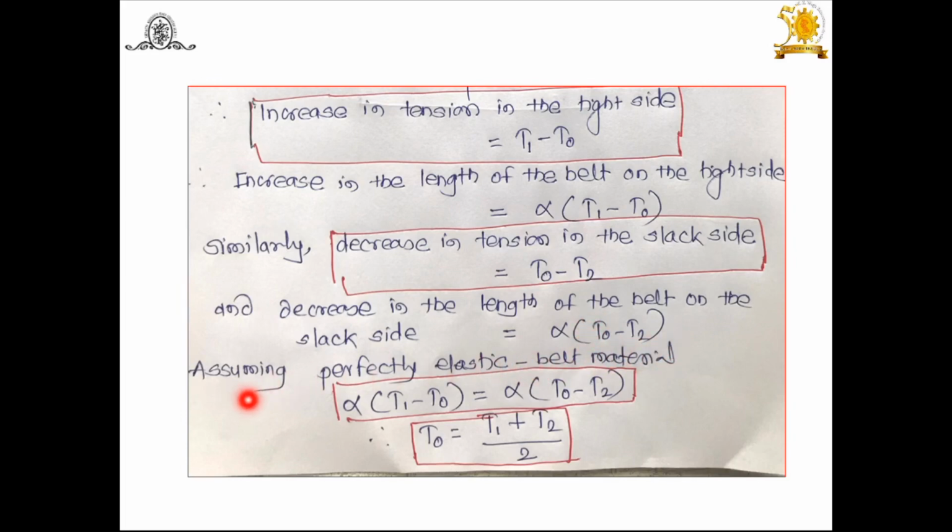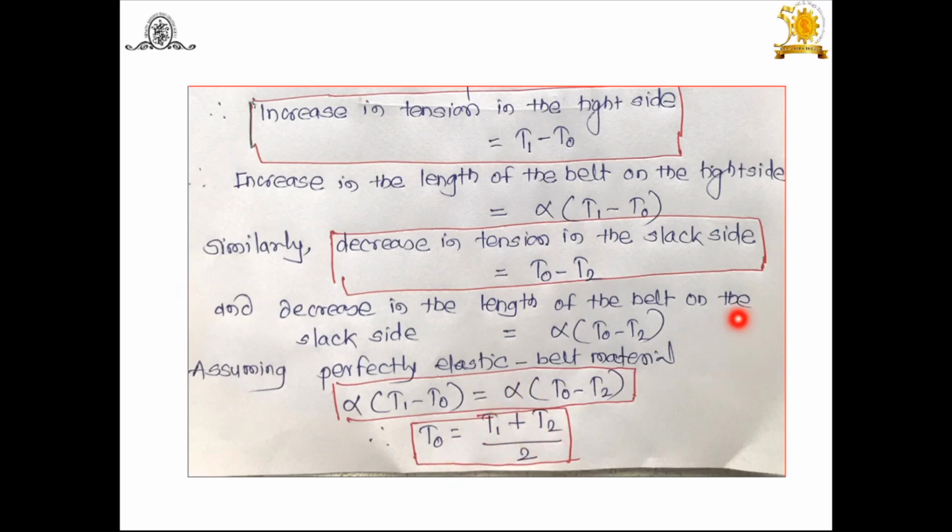If perfectly elastic material is used for the belt, then the increase in length of the belt on the tight side is equal to the decrease in length on the slack side. Comparing these two equations, alpha (T1 minus T0) is equal to alpha (T0 minus T2). So you will get initial tension T0 equal to (T1 plus T2) by 2.